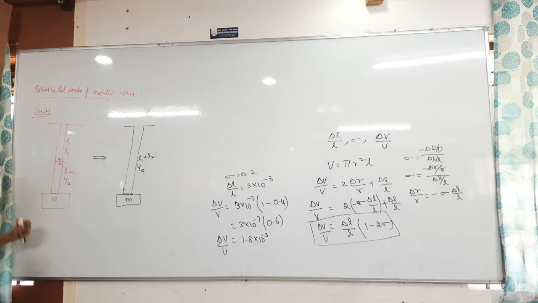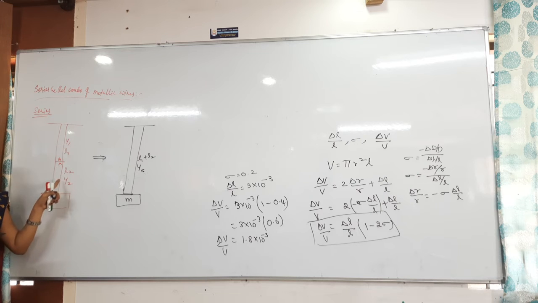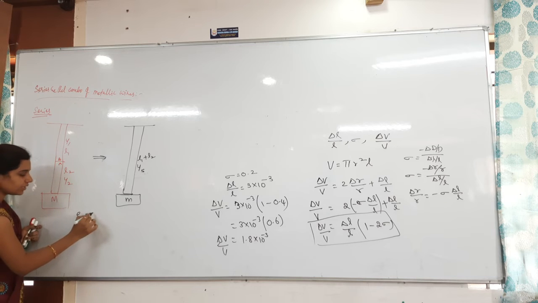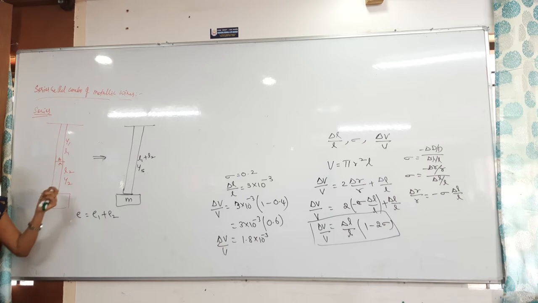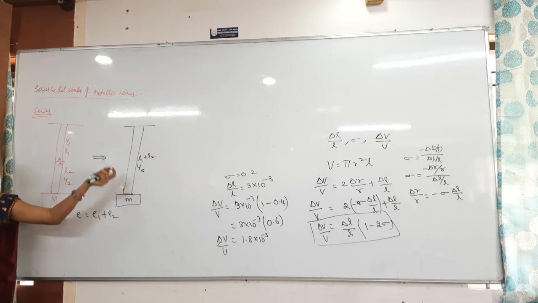For that purpose, first of all, can I say that elongations are different? When will elongations be different? Because here Y is different and the rods are different here. So I can say elongation is different. Total elongation is equal to what can I write? E1 plus E2. Elongation in the first rod plus elongation in the second rod is equal to total elongation of the total rod.